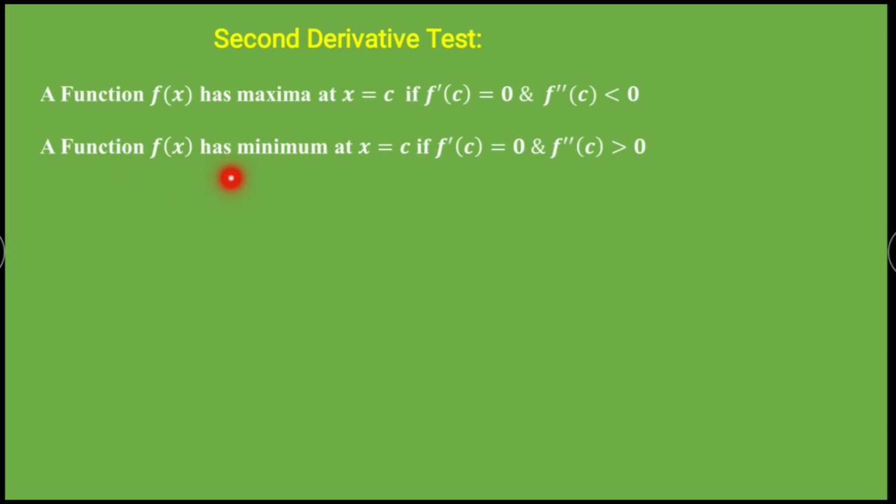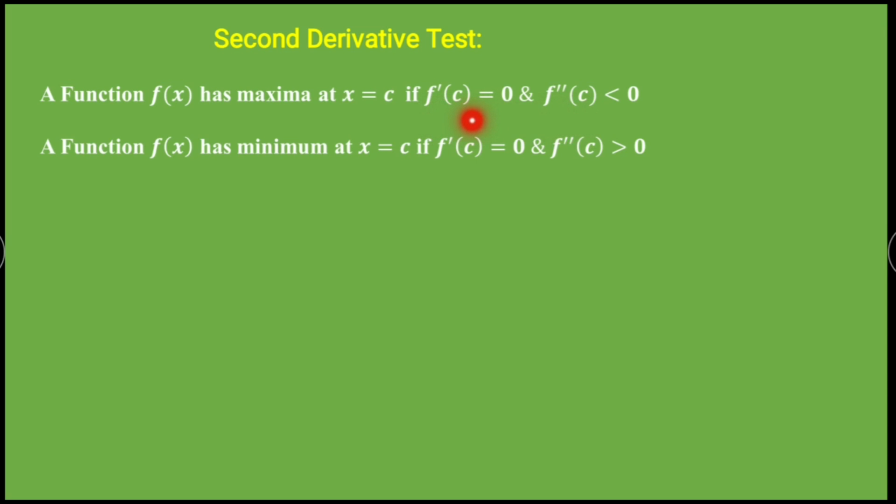A function f(x) has minima at x equals c if f'(c) equals 0 and f''(c) greater than 0. That means why we call this test the second derivative test, because we find the second order derivative.